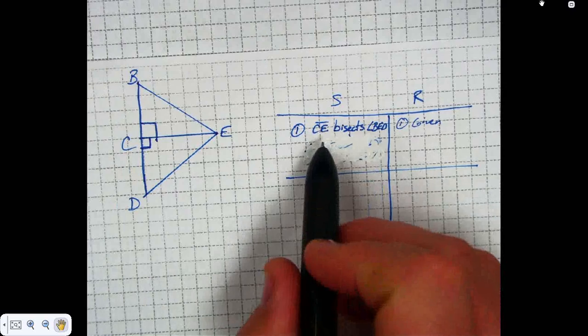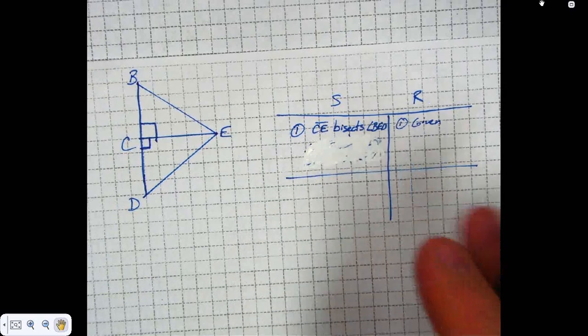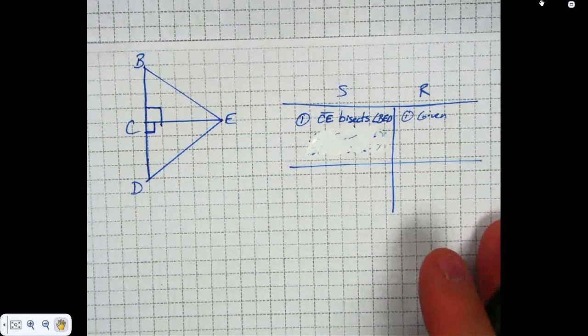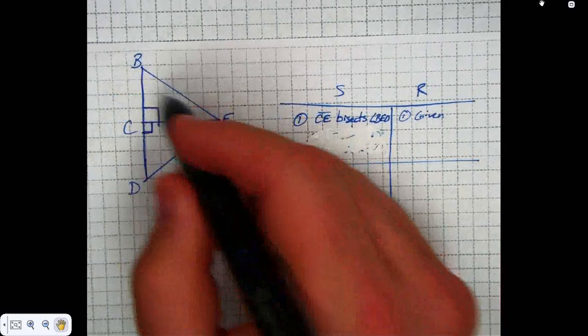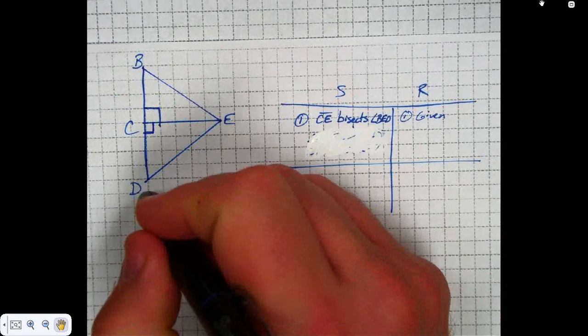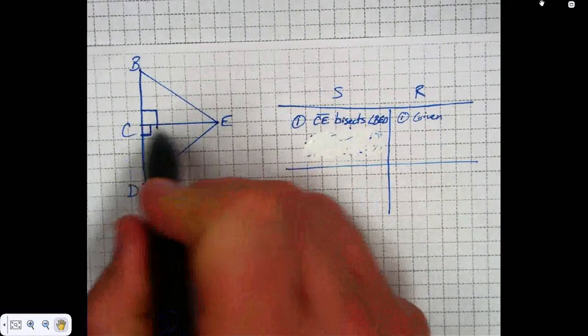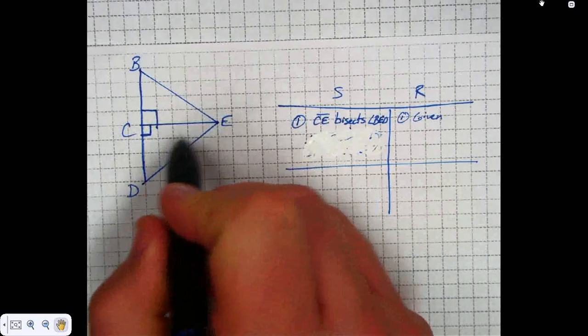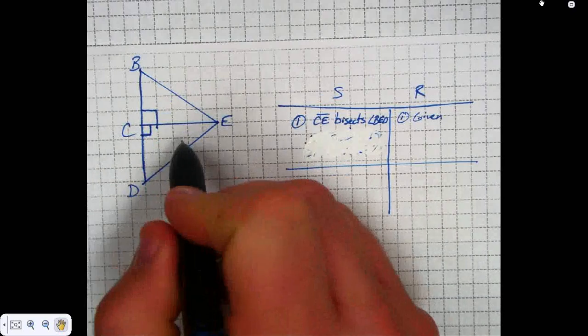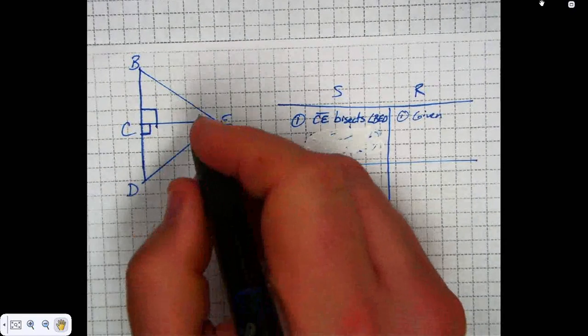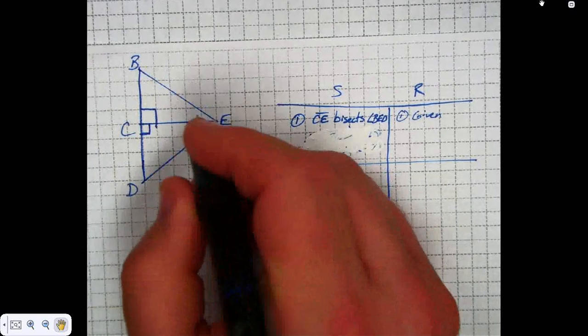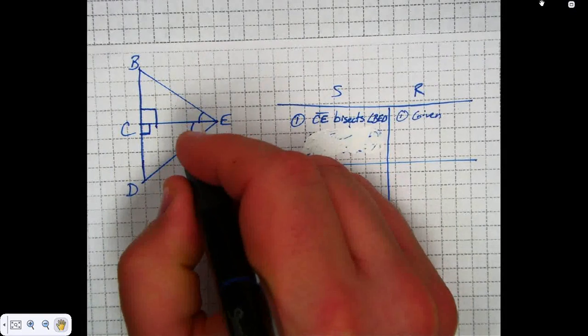Let's look at this right here. CE bisects angle BED. What does that mean? Cuts it in half. So CE, everybody look up here, I'll let you write it down after we're done. What does this mean? It cuts it in half. So what does that mean about these two angles created here? So this is congruent to that.